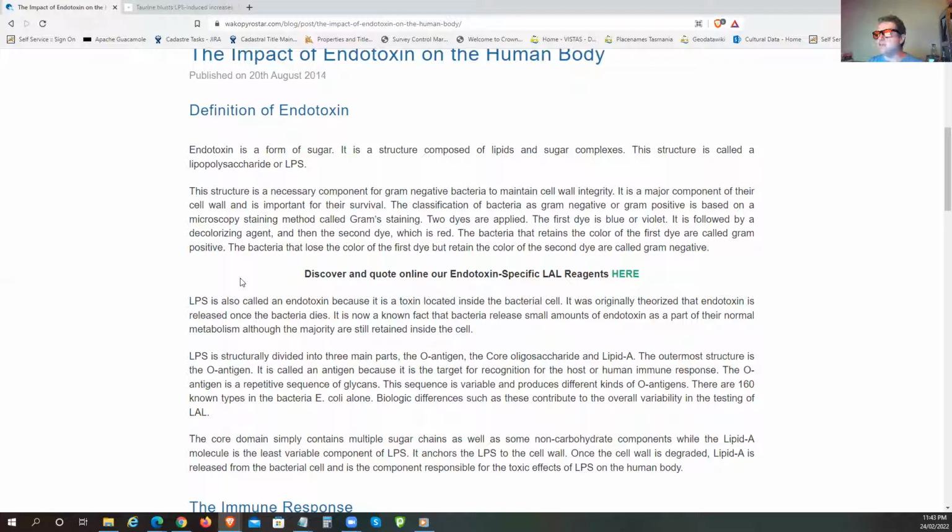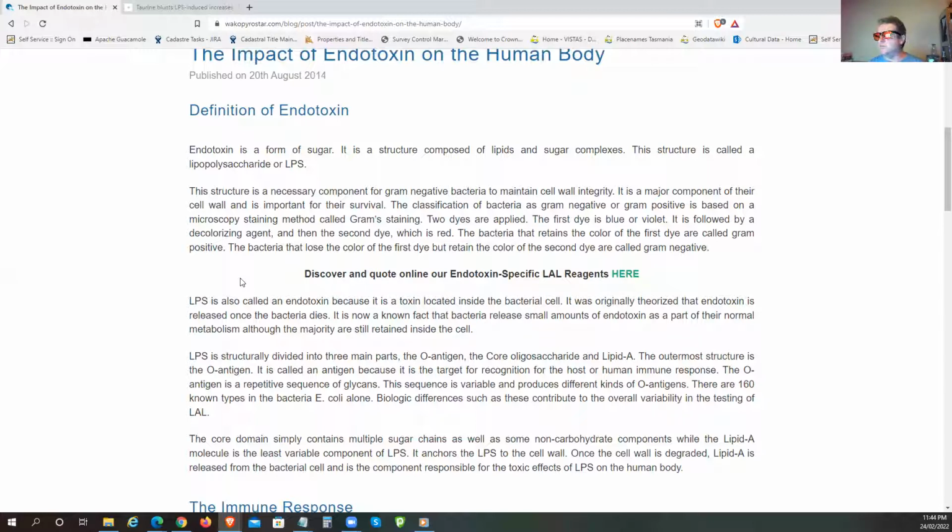The O antigen is a repetitive sequence of glycans, like our cells have little glycans, these sugar ends. This sequence is variable and produces different types of O antigens, and there are 160 known types in E. coli alone. The biological differences of these contribute to overall variability in the tests of LAL.